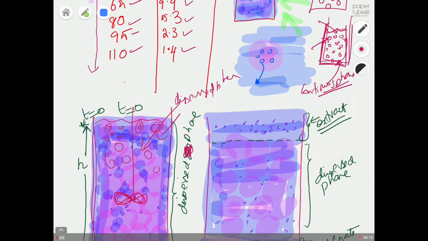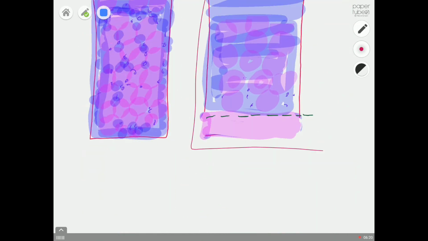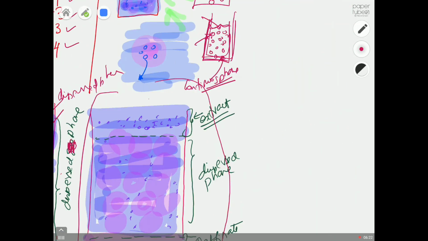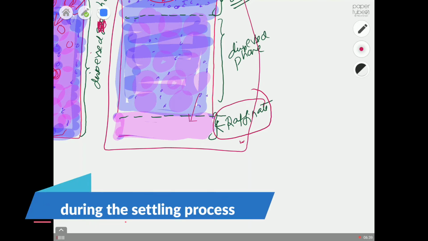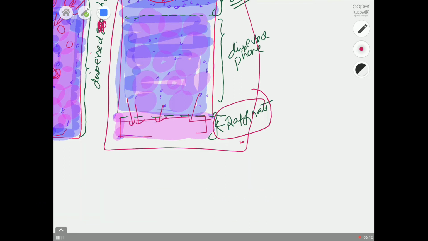So once we allow the system to settle, this is what happens. Look at this diagram, the second diagram. Obviously we are going to get something on the top. Let's call that extract. So let's call this your solvent on the top, and the bottom is our raffinate. What happens during the settling time is the heavier phase likes to settle down in the bottom, like I showed here, and let's call that the raffinate.